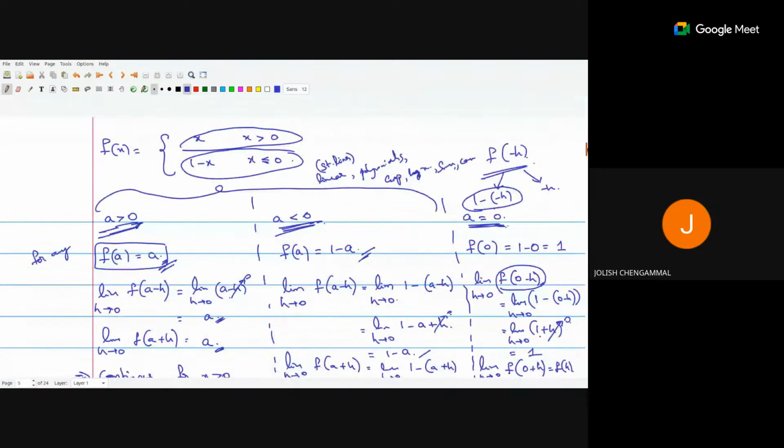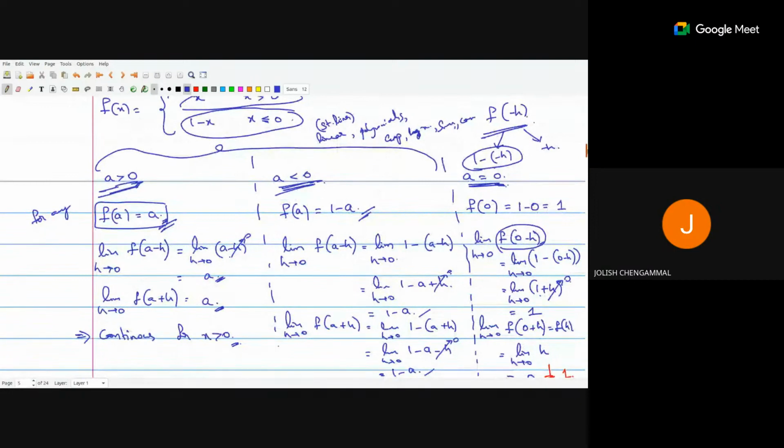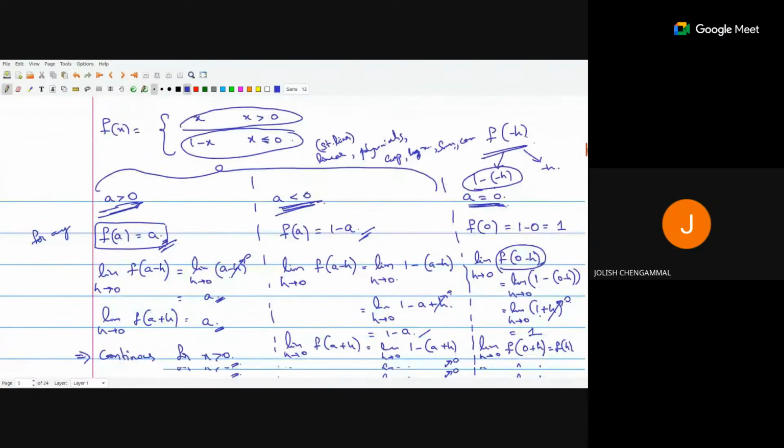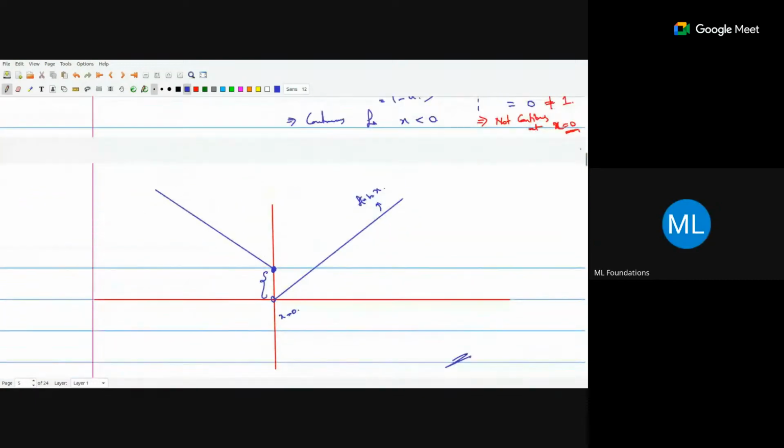One doubt, sir. If the domain is a bounded domain, are the endpoints continuous or not? See, if the whole function is bounded like this, then we conclude that boundary points are continuous, because we don't know the left side and right side of this point, so we don't have the function there.